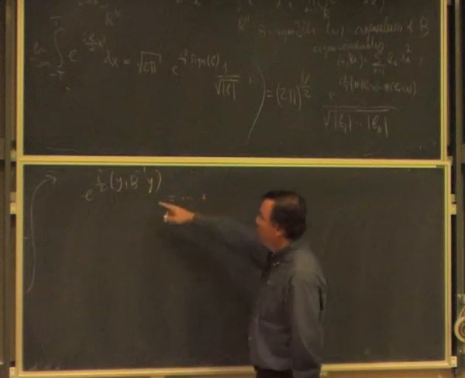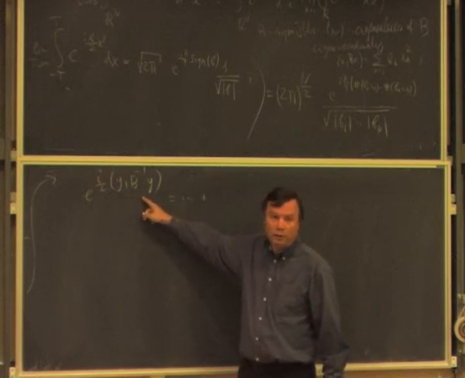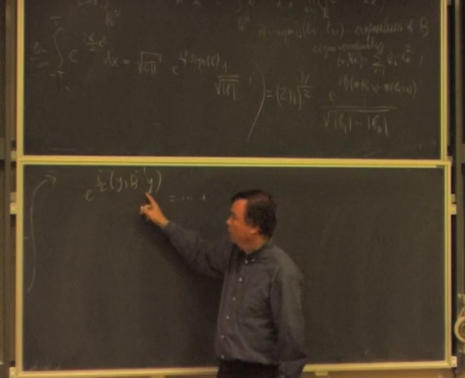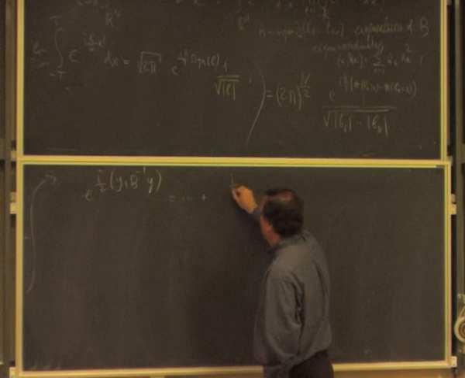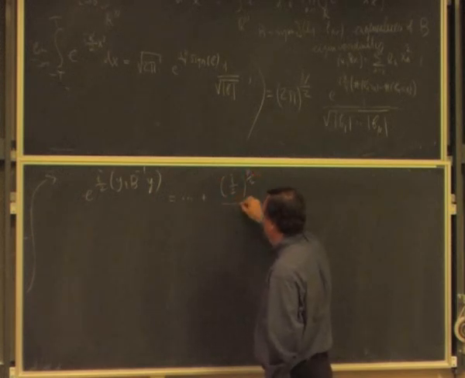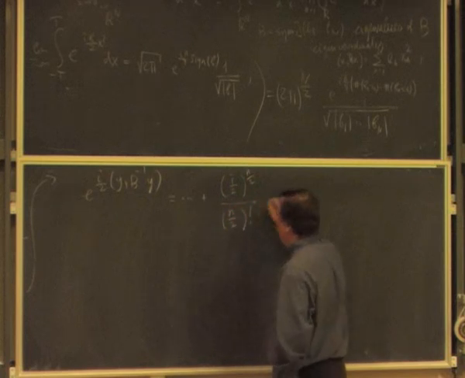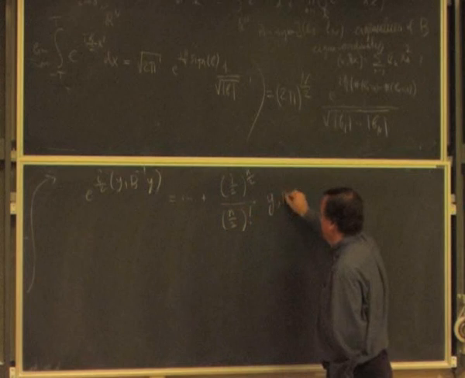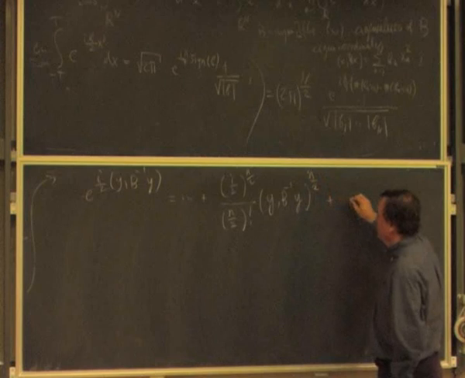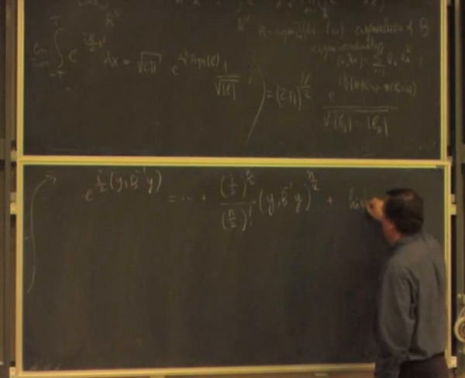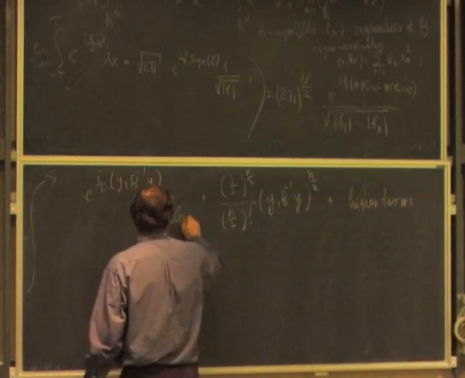So clearly this will be just the coefficient in the Taylor expansion of the exponent, the n over 2 coefficient. So it will be (i/2)^(n/2) times 1 over (n/2)! times (yB^(-1)y)^(n/2) plus higher terms. And these are lower terms.